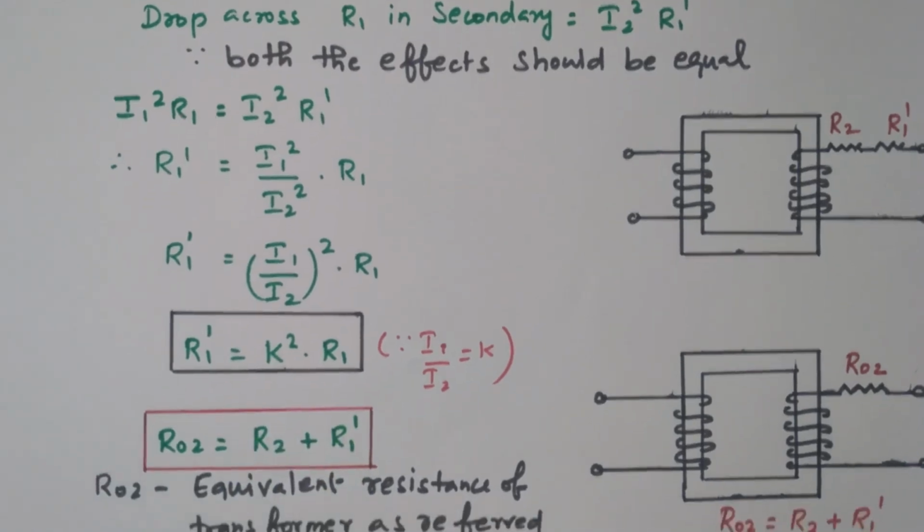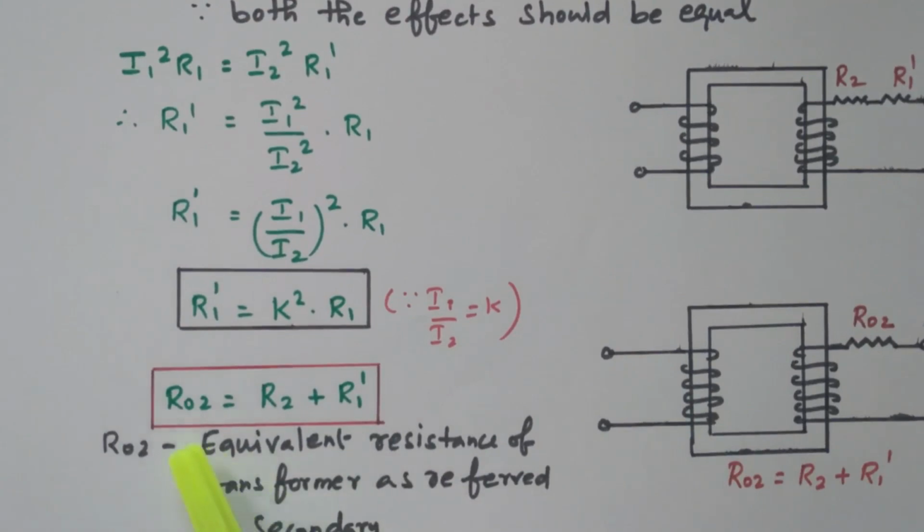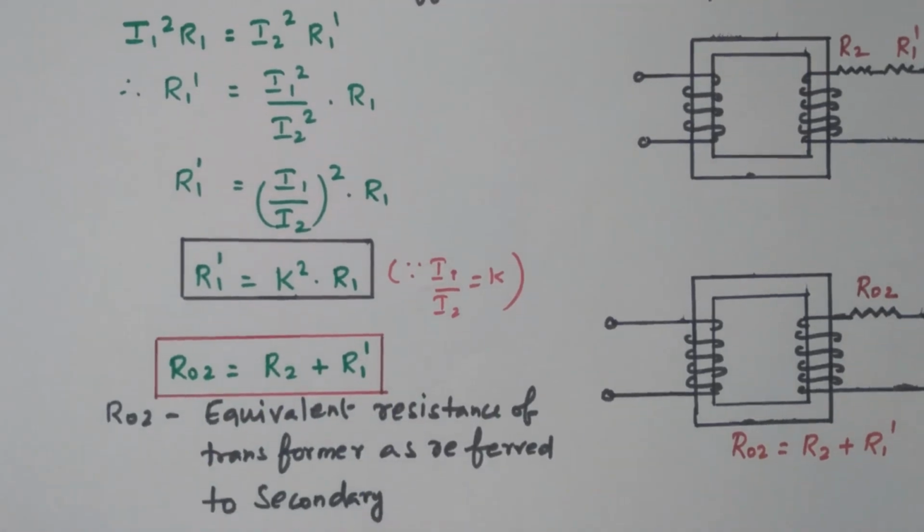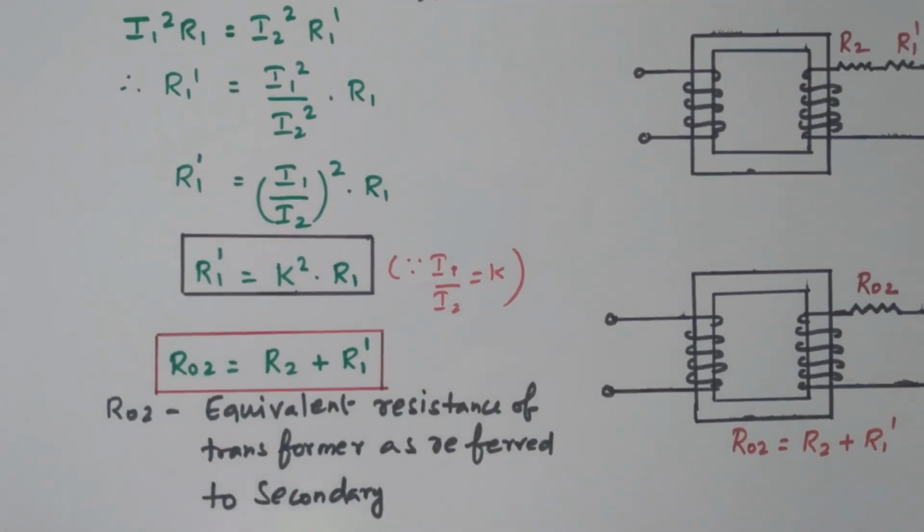So we can refer that the total resistor in the secondary side is R2, already available, while the primary transferred is R1 dash. That can be written as R02, the equivalent resistance of the transformer as referred to the secondary. This is R02. See this diagram.